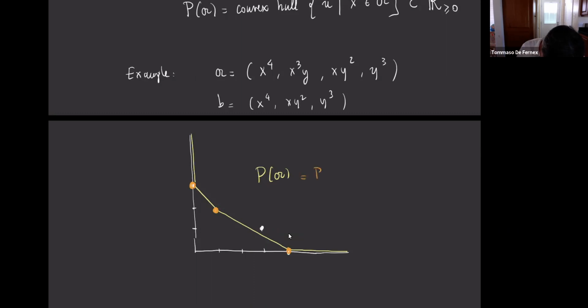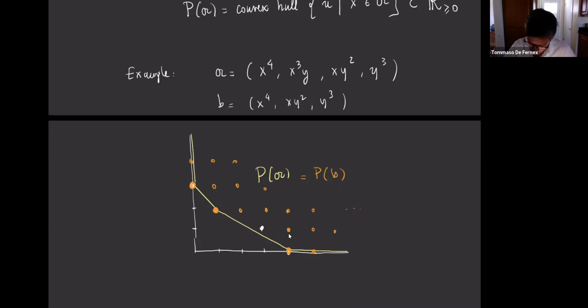So the Newton polygon will be the same. But you see, when I look at all the monomials of the second ideal, if I mark them all down, I'm missing the white one. And so the Newton polygon really doesn't see all the points. It doesn't characterize the ideal itself, and it maybe characterizes the integral closure of the ideal.